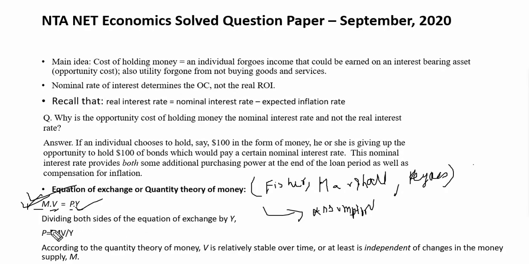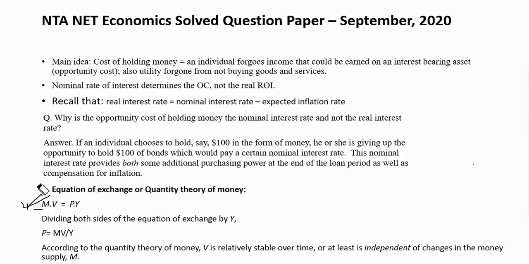While we are talking about the cost of holding money, when we divide this equation by Y, we get P = MV/Y. The idea is that the quantity theory of money tells us that V, the velocity of money, is stable over time, or at least independent of changes in money supply. This is very important.